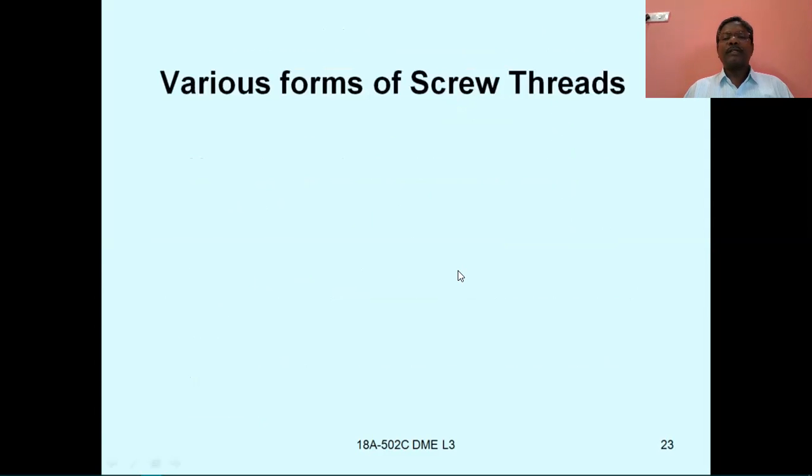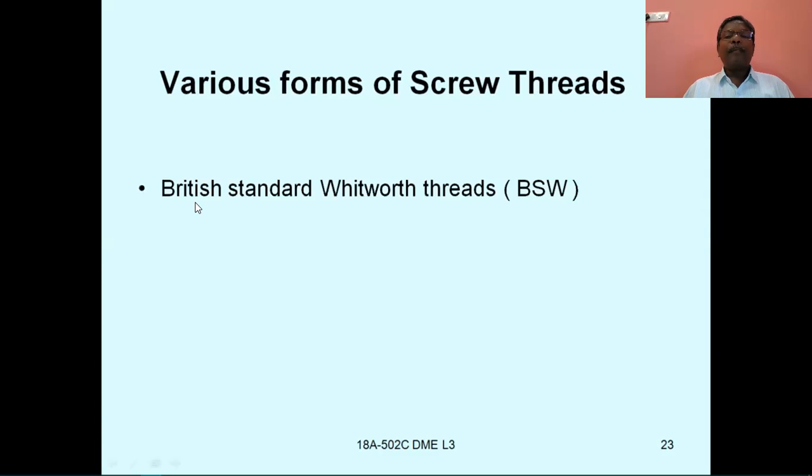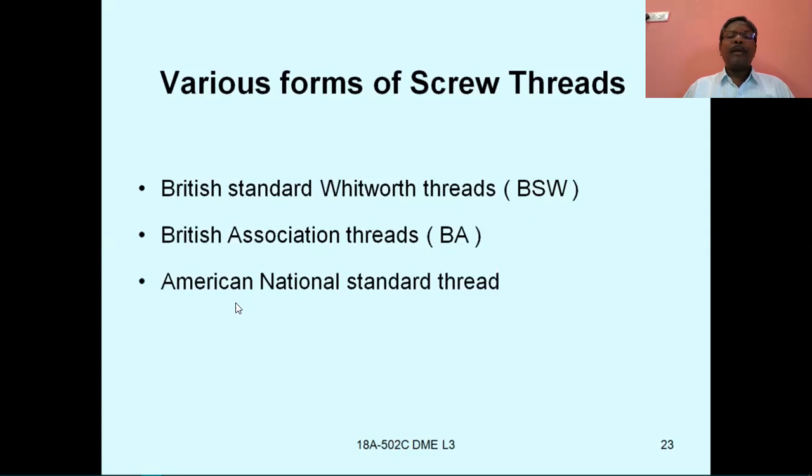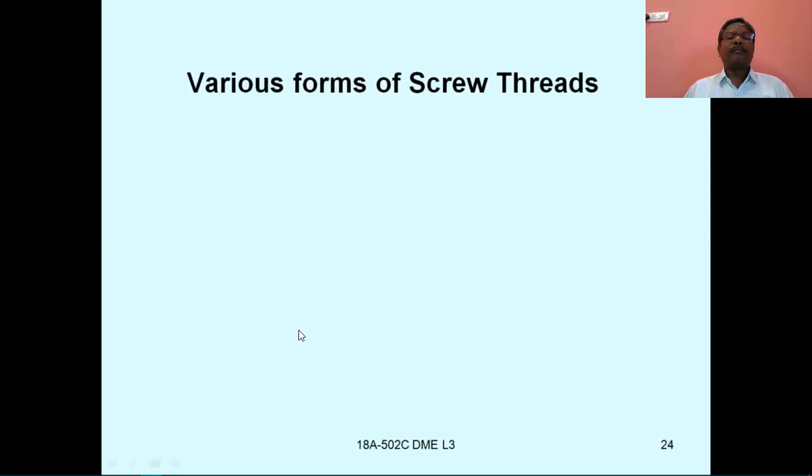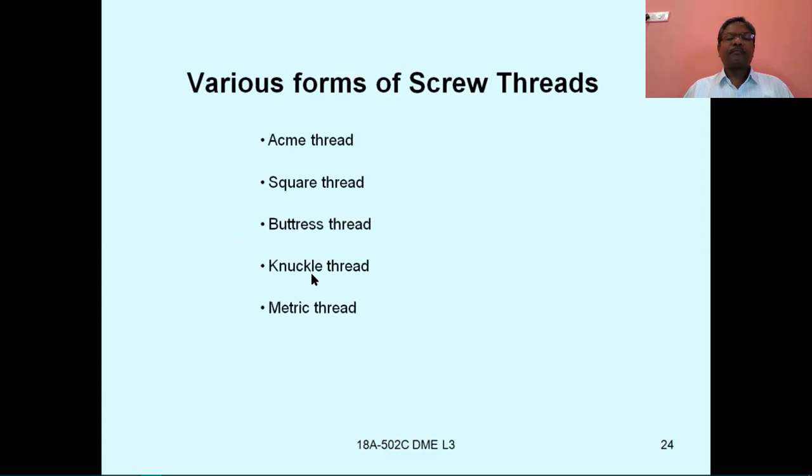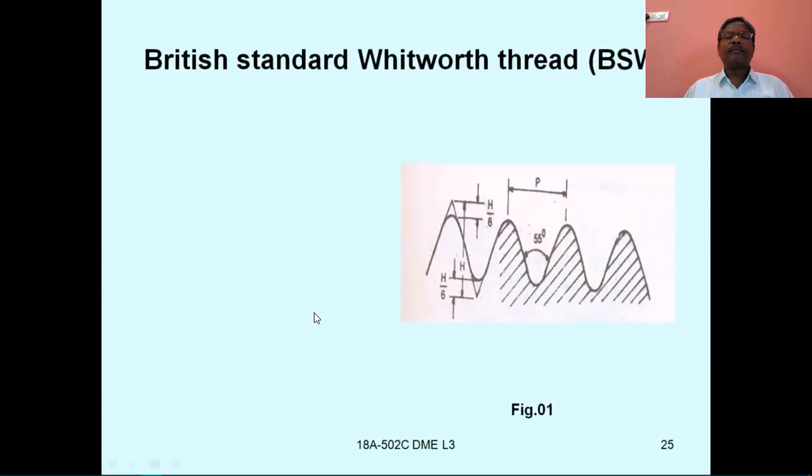Various forms of screw threads are: number one, British Standard Whitworth thread, that is called BSW; British Association thread, that means BA thread; American National Standard thread; Unified Standard thread; Acme thread; square thread; buttress thread; knuckle thread; metric thread.